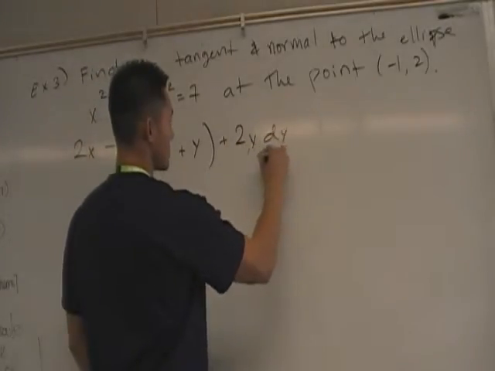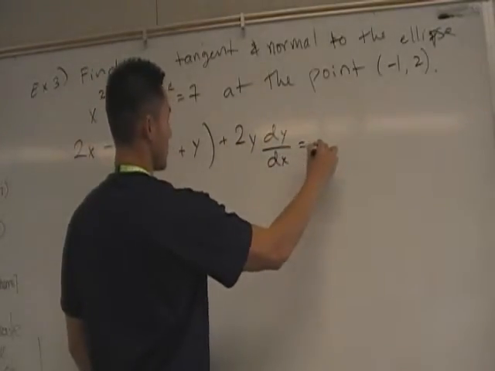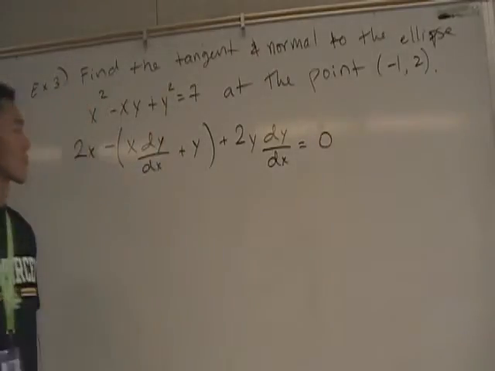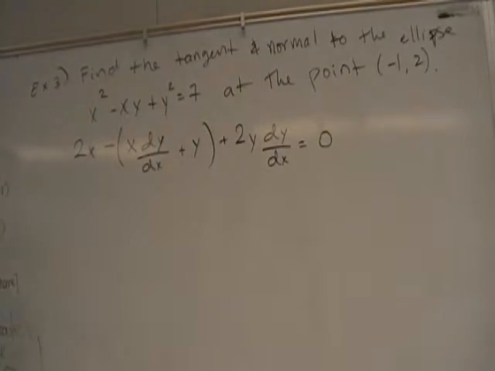Good. dy dx equals what? 0. Any questions with that? So, the x and y, you do need to take the product of that. Alright, so let's distribute the negative.